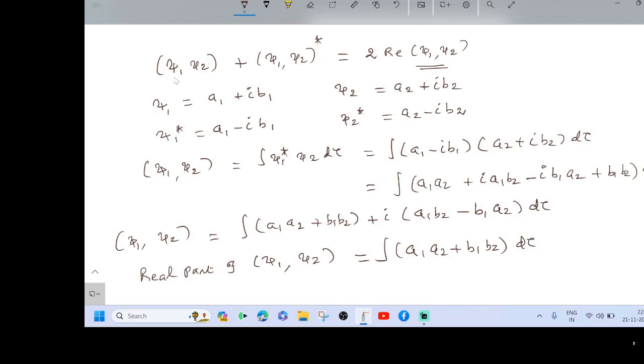Now we have to prove that psi 1 comma psi 2 plus psi 1 comma psi 2 whole star equals 2 times real part of psi 1 psi 2.